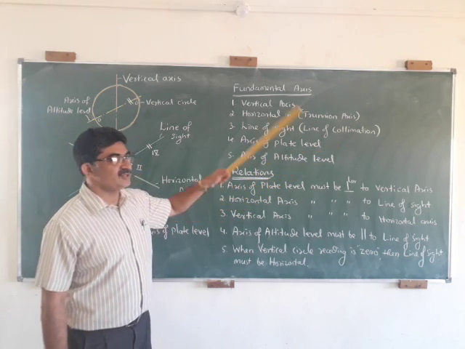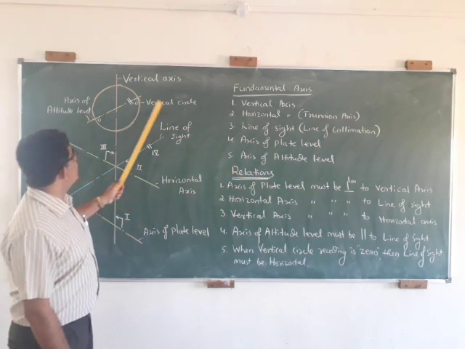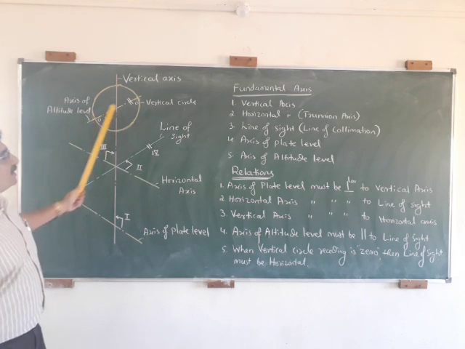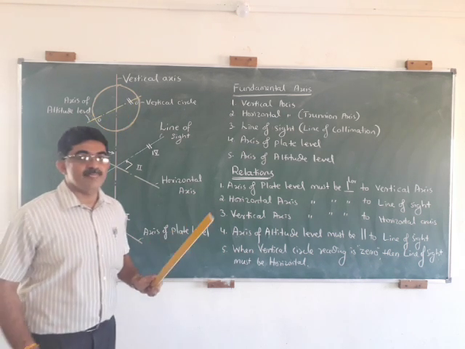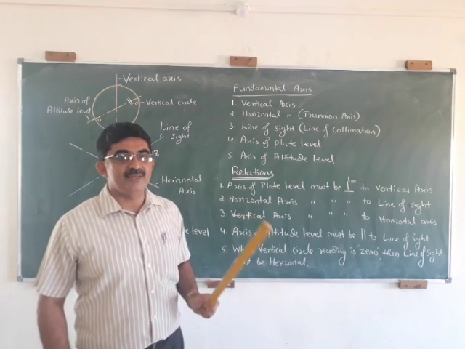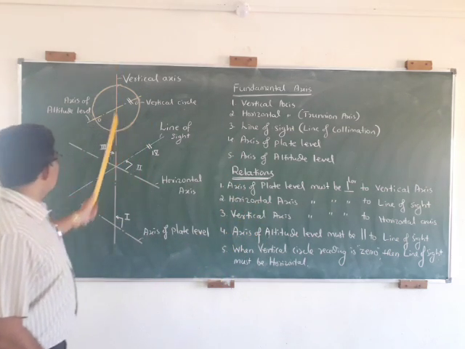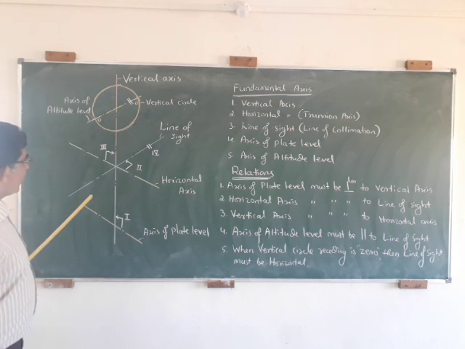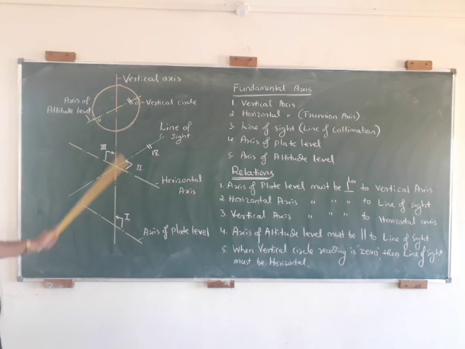The altitude level is provided on top, so that's why it is drawn here. This is the axis of altitude level. So these 5 are the fundamental axes of the theodolite: vertical axis, horizontal axis, line of sight, axis of plate level, axis of altitude level.